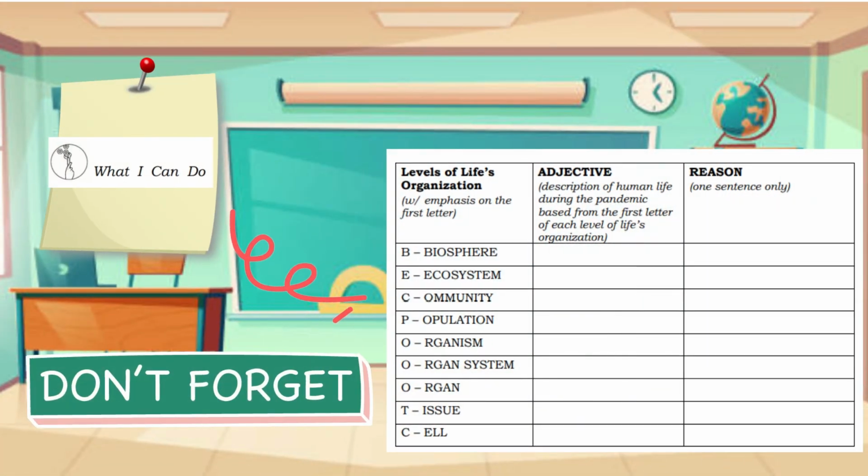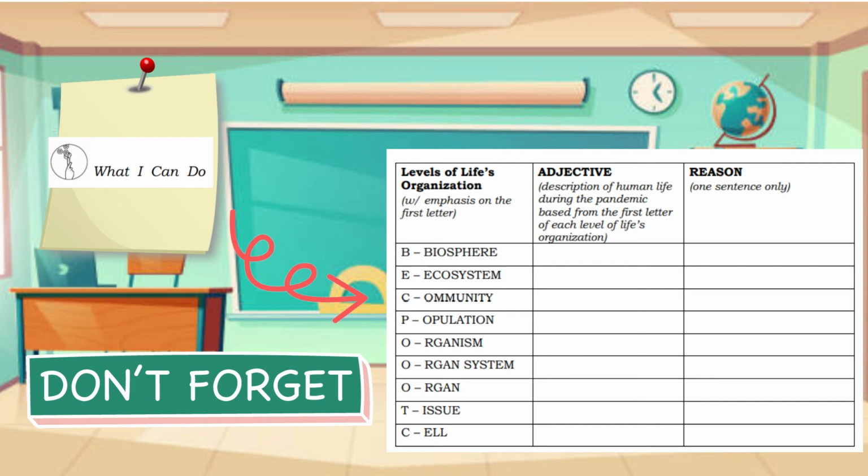Don't forget to answer the What I Can Do part of your module. This time, you will apply the knowledge that you have learned in a real-life situation. This is done for you to appreciate the relationship between the lesson learned and the life that we all share here on Earth.